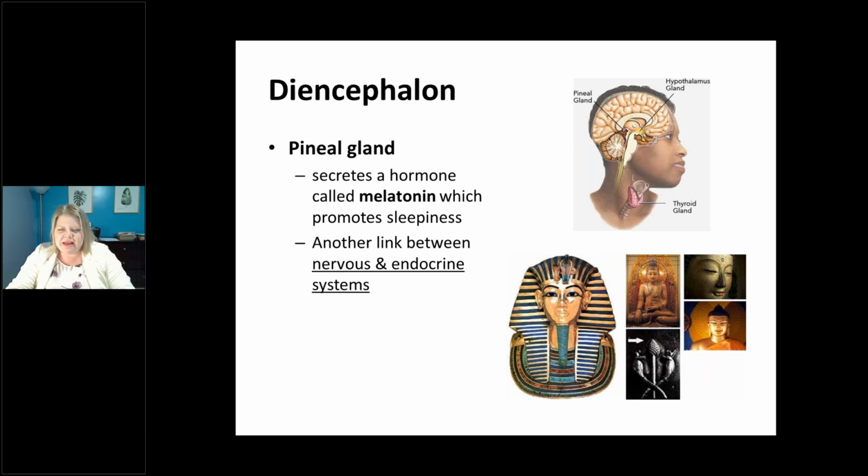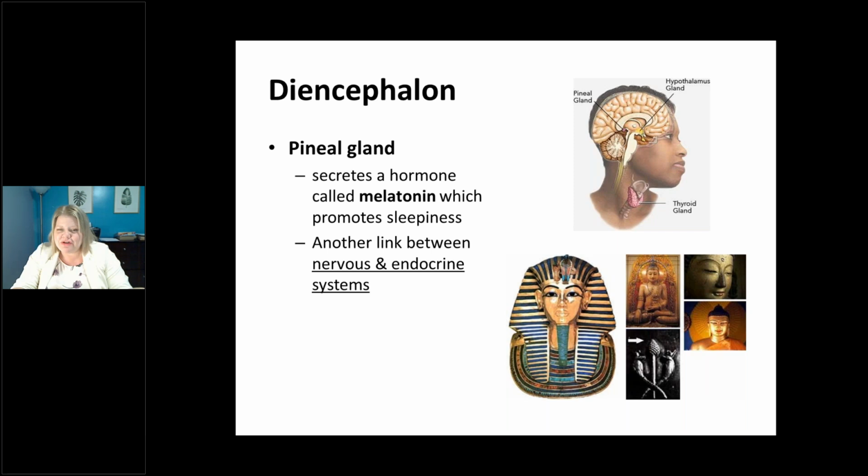The pineal gland, interestingly enough, has tissue that resembles an eye, like a retina, which is interesting because smack dab in the middle of the brain, light is not accessing this area. So why would there be retinal tissue in this gland? It's still a mystery, just like a lot of the brain.